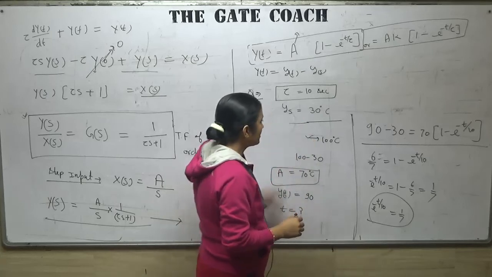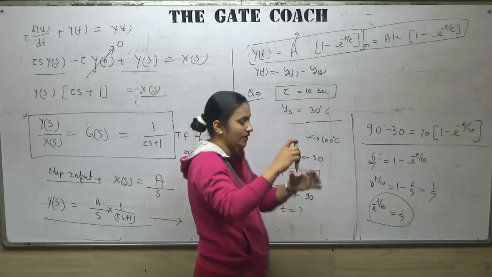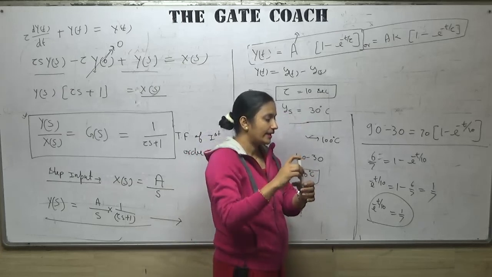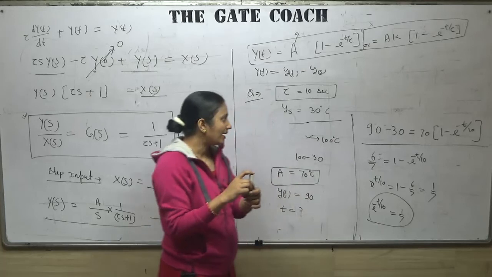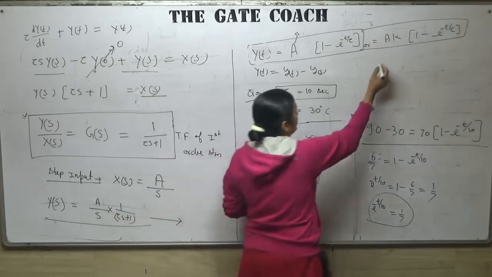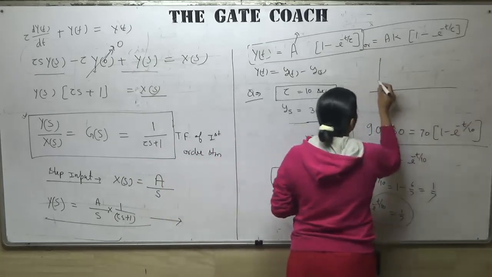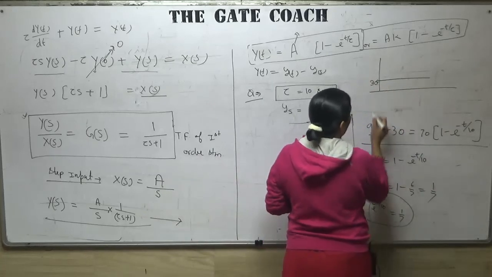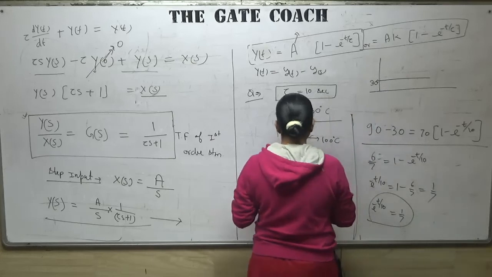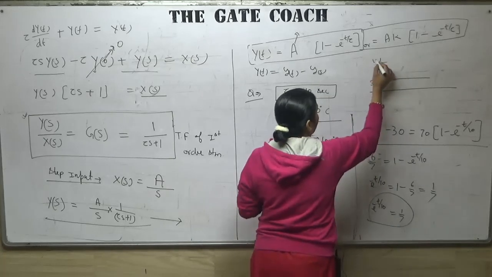Initially the temperature reading was 30 degrees centigrade. We have put it into a glass that has a temperature of 100 degrees centigrade, right? So what is the magnitude of step input? Look into the graph. Initially it was at 30 degrees centigrade, and they are saying suddenly it is immersed in 100 degrees centigrade.